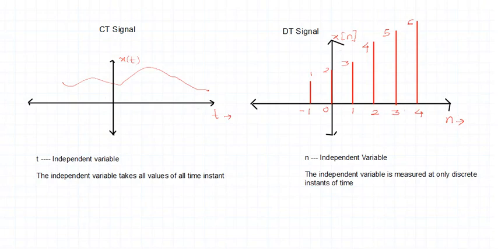CT signals are always denoted by the independent variable t, and DT signals by n. So DT signals are functions of n, CT signals are functions of t. Is this properly understood now? With this we move on to the next slide.